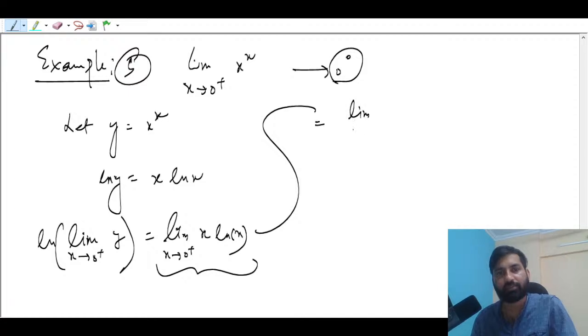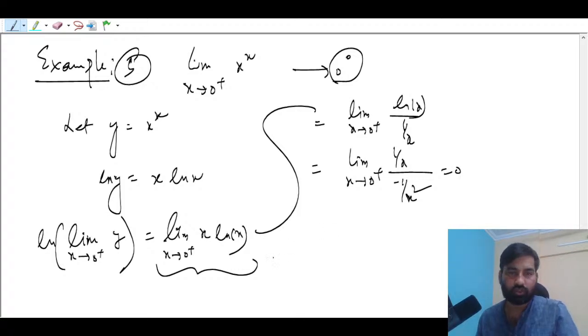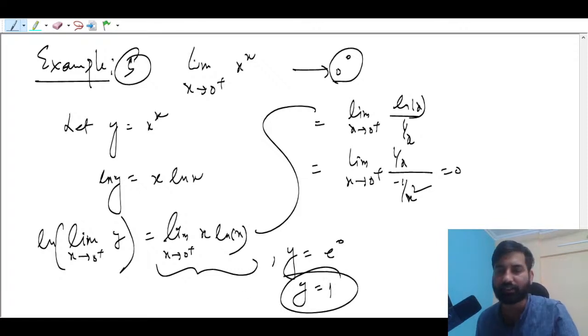You can say limit x tending to 0 plus ln x upon 1 by x. So if we solve this, what will come? ln x over 1 by x, as x tends to 0 plus, it is 1 by x upon minus 1 by x square, which is 0 only. So your answer for this, y equal to e raised to power 0, which is y equal to 1. So the answer is 1 for this question, right?